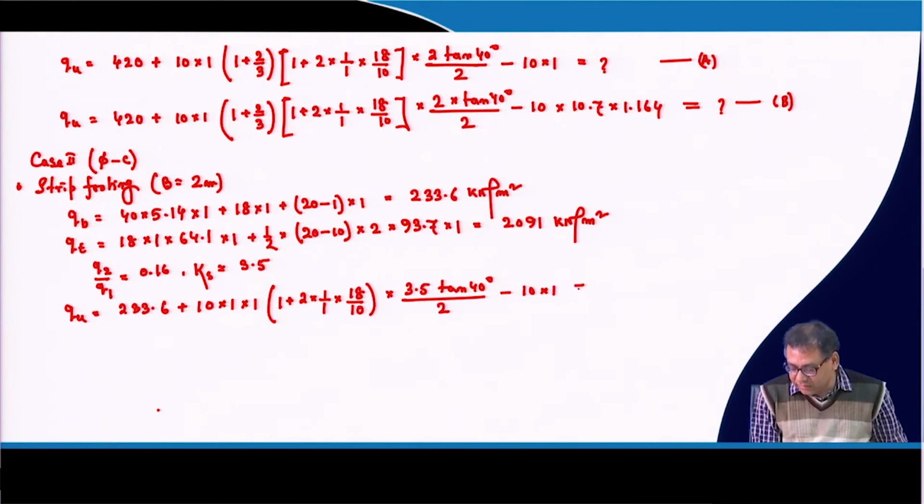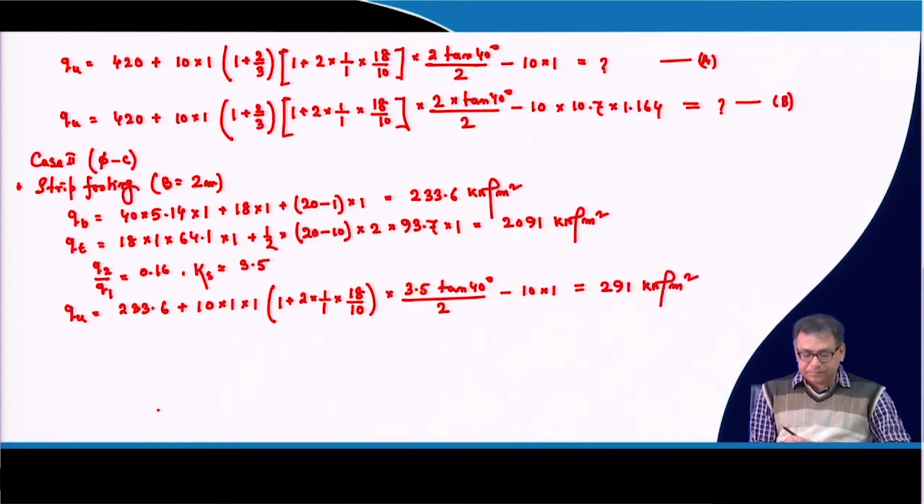So, that is equal to 291 kilonewton per meter square.